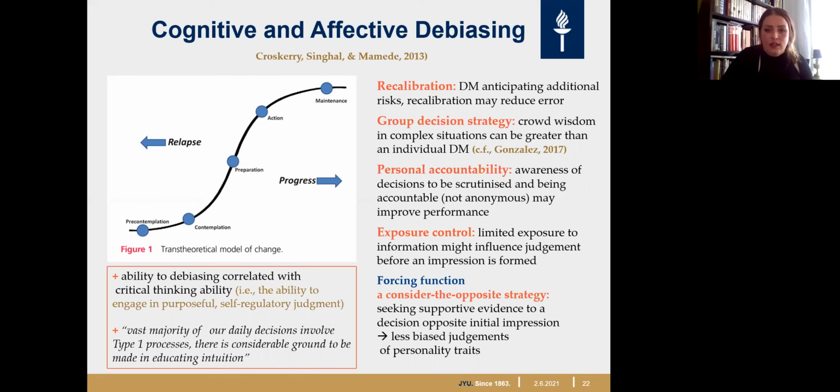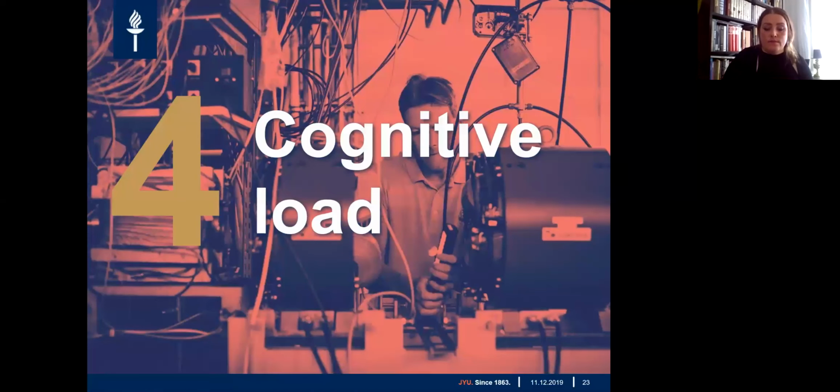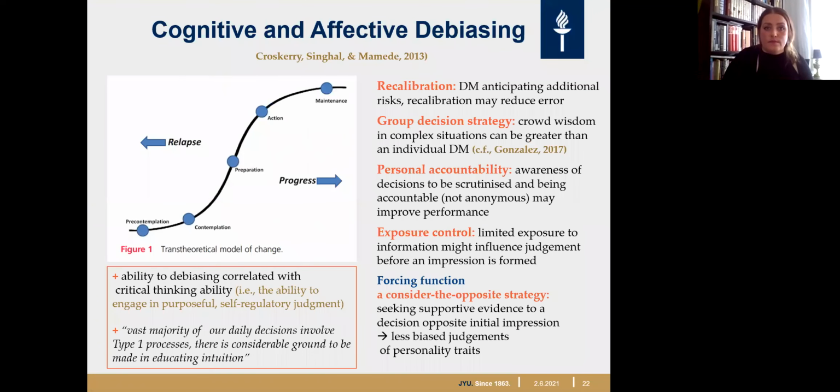And this would lead to less biased judgments of personality traits. So these are some strategies to overcome affective bias. And overall, affective bias hasn't been studied as extensively as cognitive bias, but the research is ongoing.